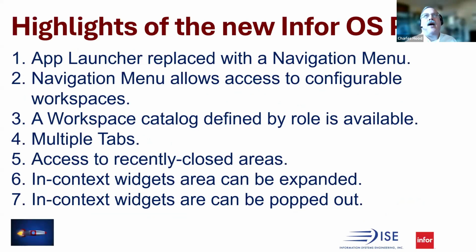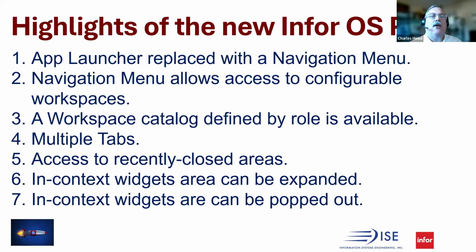Okay, so what are the highlights of the new Infor OS portal? The app launcher has been replaced with a navigation menu on the right side of the screen. The navigation menu allows access to configurable workspaces, and again, a replacement for home pages. A workspace catalog is available that Infor makes available, and they're defined by role. Those are the available ones.